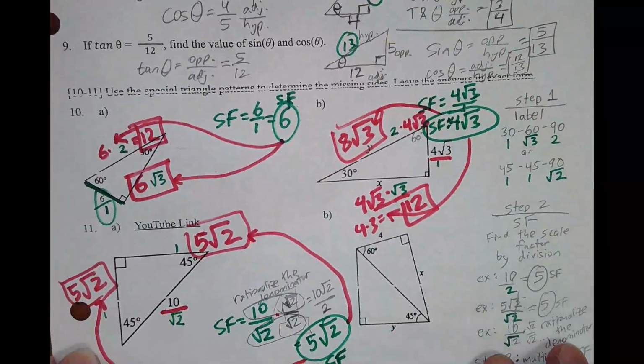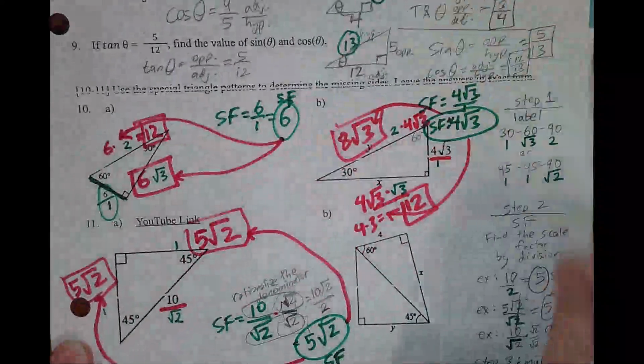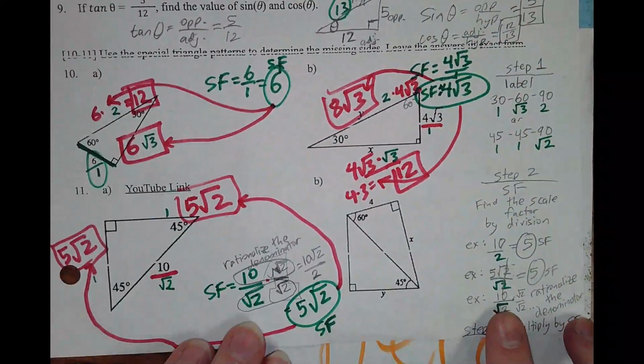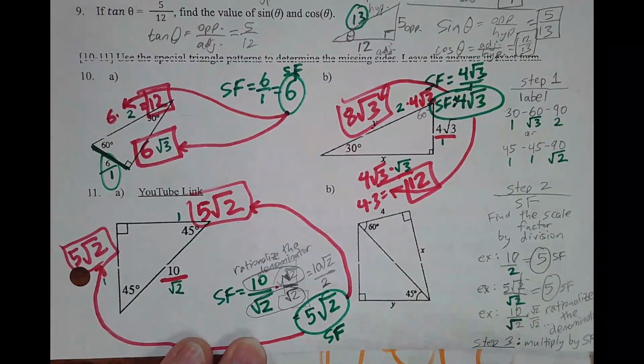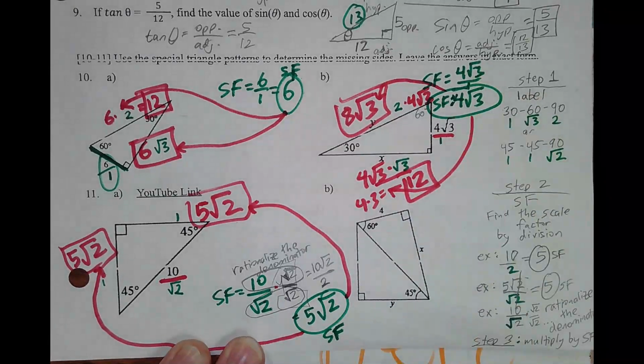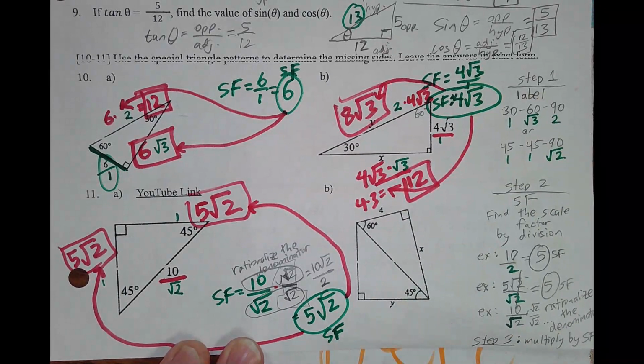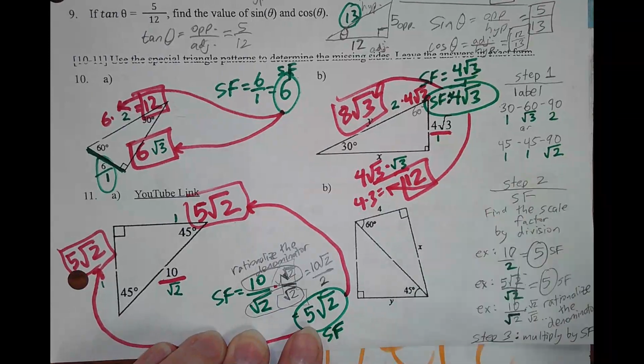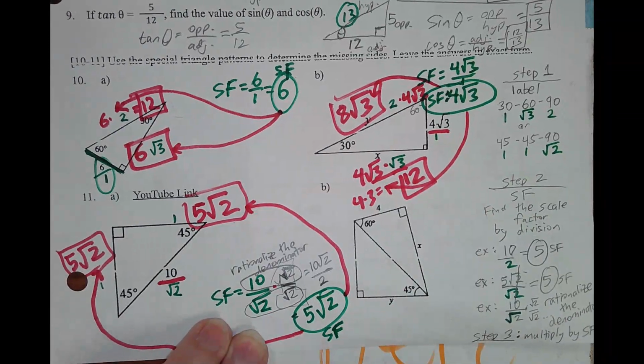We did a review of special right triangles and the steps that it took to get to your answer. So I just wanted to finish off letter B following these same steps, as letter B does include some more difficult steps. So let's follow the steps here.